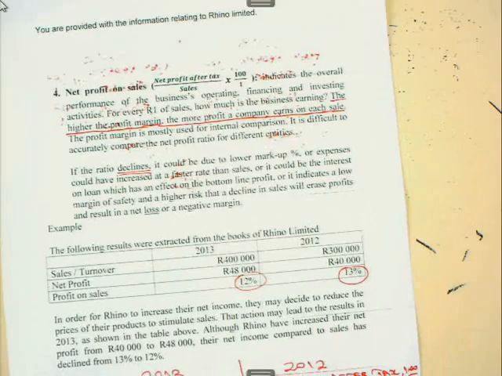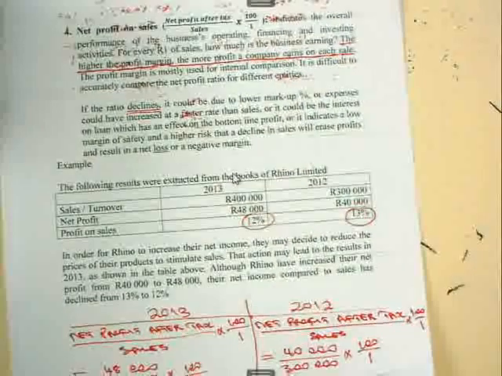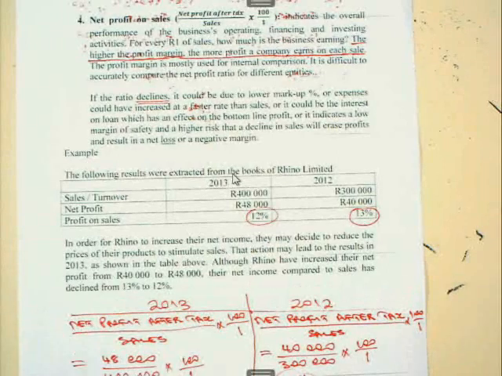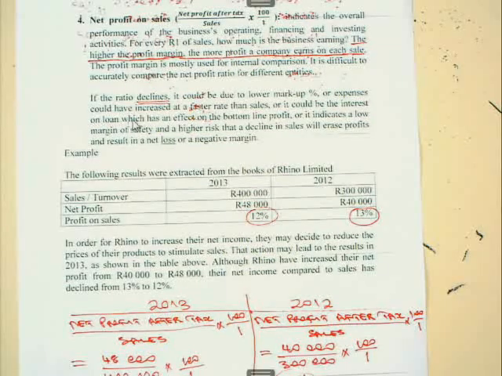It could be due to the lower markup percentage, or expenses could have increased at a faster rate than sales, or it could be the interest on loan, which has an effect on the bottom line profit, or it could indicate a low margin of safety and a higher risk that a decline in sales will erase profits and result in a net loss or a negative margin in the future.